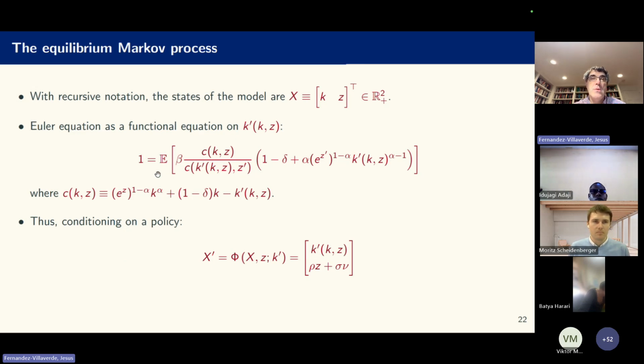Take your model, write the equilibrium or the optimality conditions associated with it. It can be an Euler equation, it can be a conditional expectation, it can be a value function. Substitute the function within these objects that you are interested in, like the policy function in this case, or the value function in a Bellman equation, by a neural network.